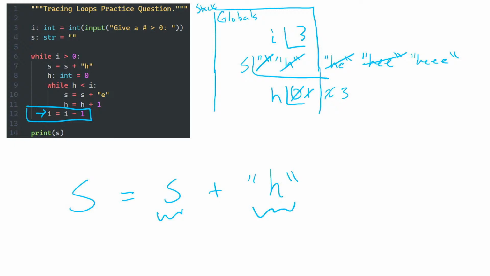And that means we need to go look up in memory, what is s? Well, s is the string variable that we've set up. We established it on line 4. And we're referring to that specific string variable and saying, hey, whatever that string variable currently has in its placeholder, which initially was nothing, right? There's no text in that string. Take that and concatenate h to it. So that's what gave us just the string h.